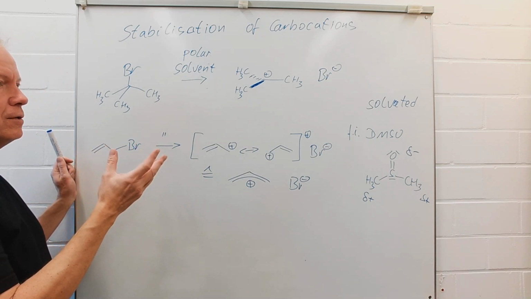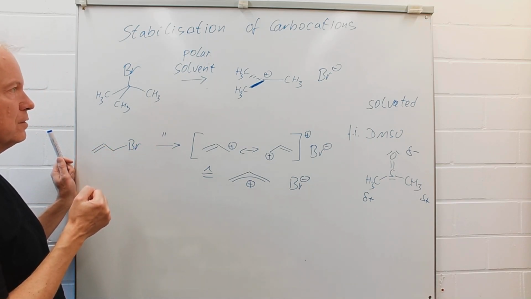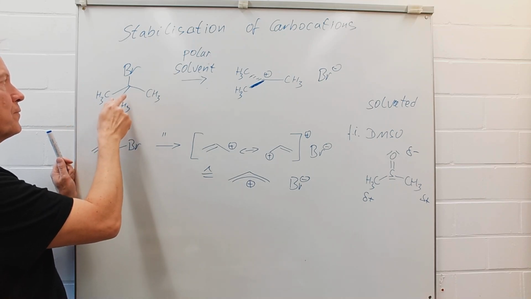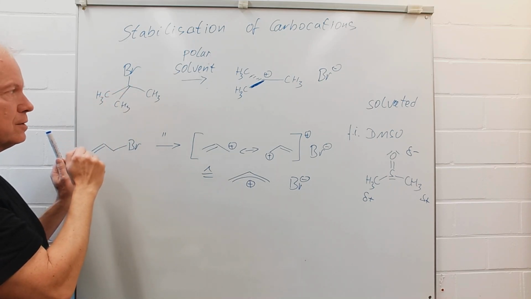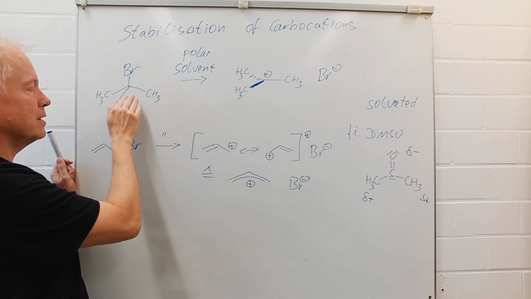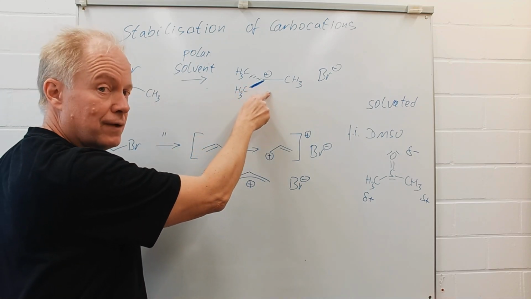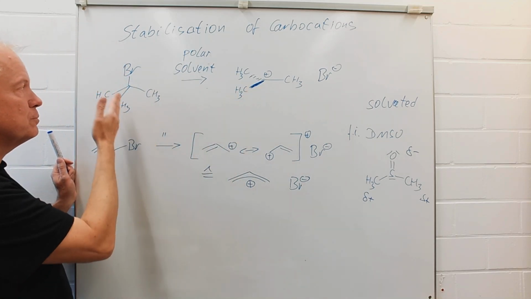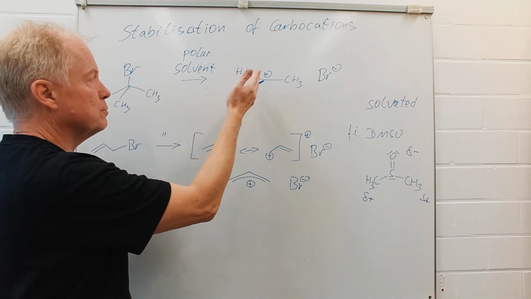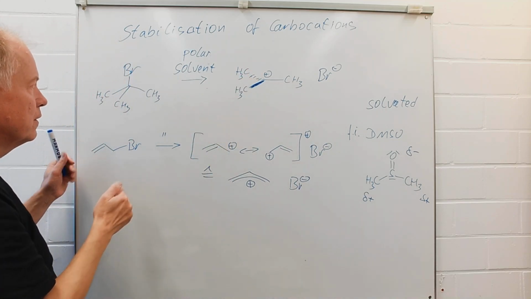What kind of stabilization do we have here? First of all, the bond angles become larger from 109 to 120 degrees, from an sp3 hybridization to an sp2 hybridization.